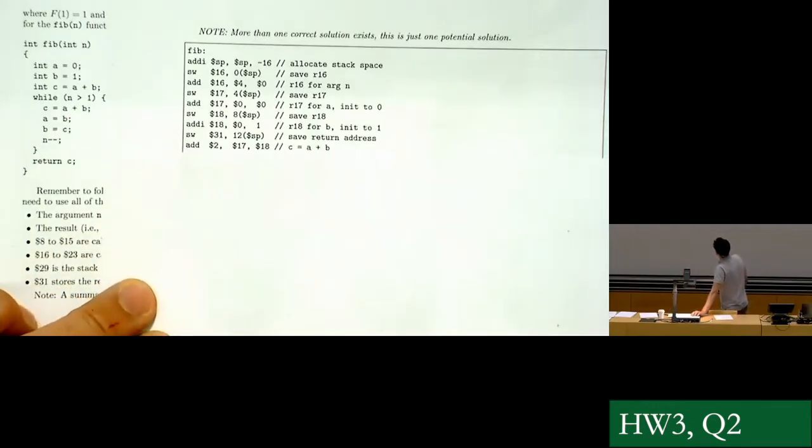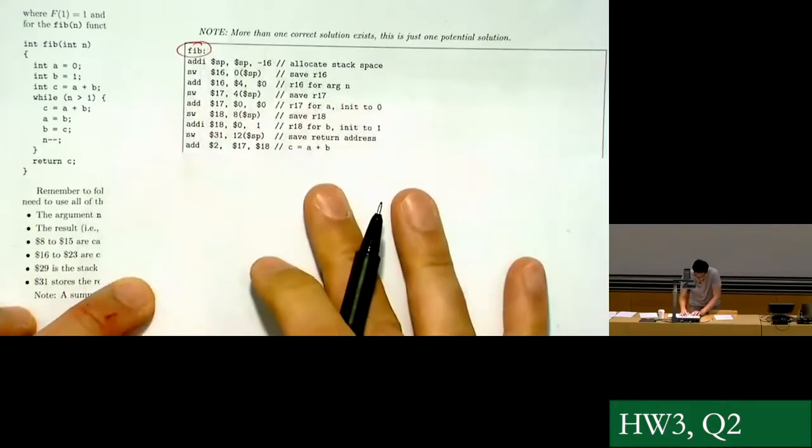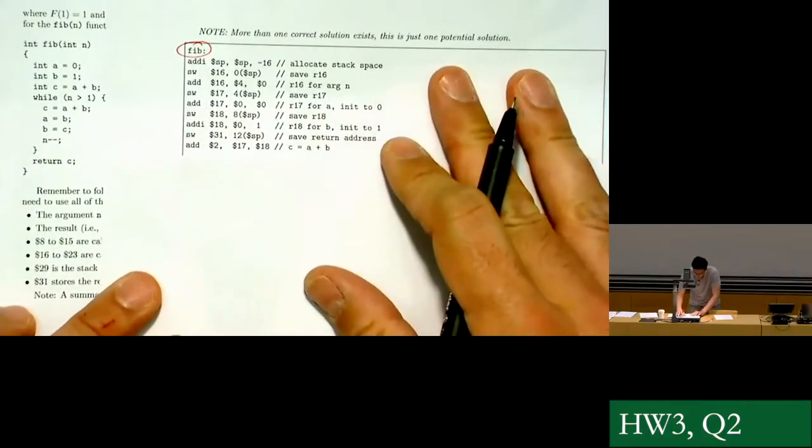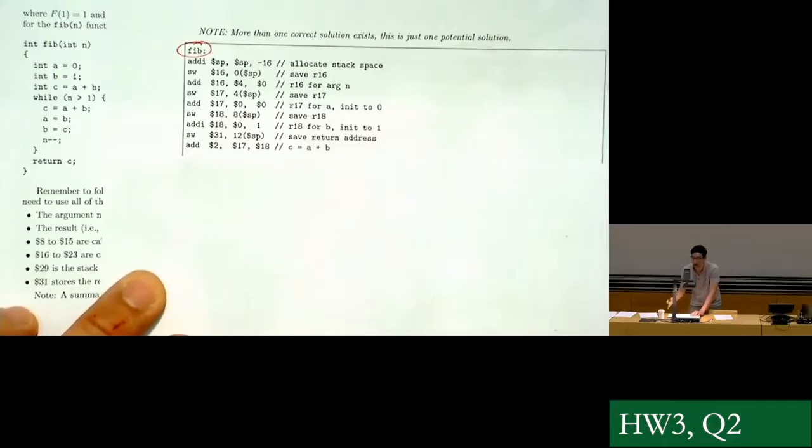The very first thing that you find in this Fibonacci function, at the beginning of the function, is storing the registers into the stack, because some of these registers might have values that are useful for the main function, but these registers might be needed by the function itself.